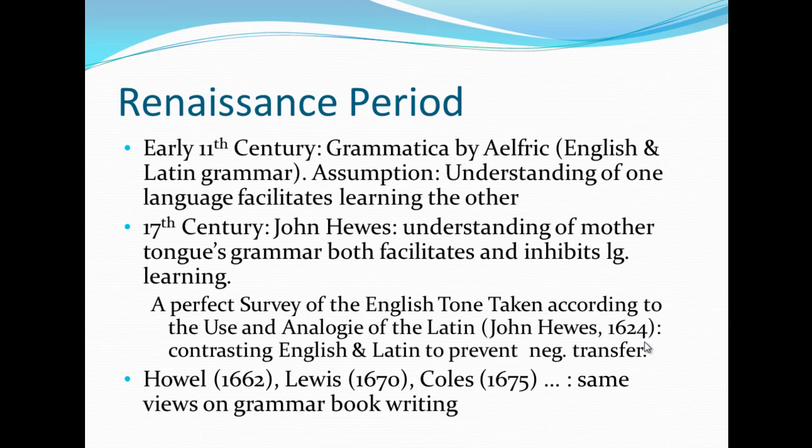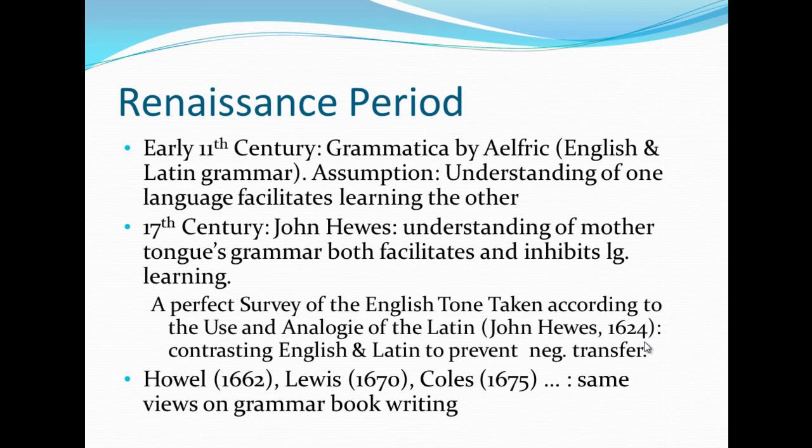Now, in the 17th century, John Hui made another groundbreaking assumption, and this is also the key argument for contrastive linguistics that we work on nowadays. That is, when you learn another language, there will be positive and negative transfer from your mother tongue.